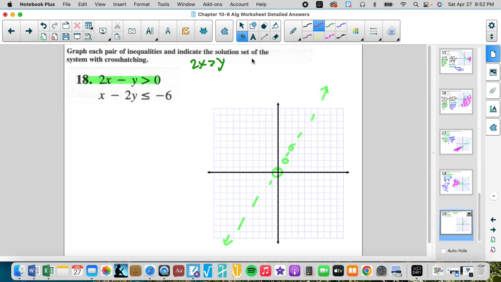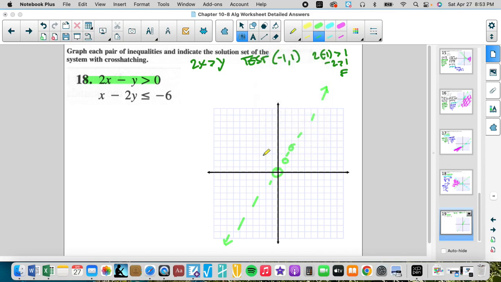So let's test negative 1, 1. That gives me 2 times negative 1 is greater than 1, so negative 2 greater than 1. That's false.